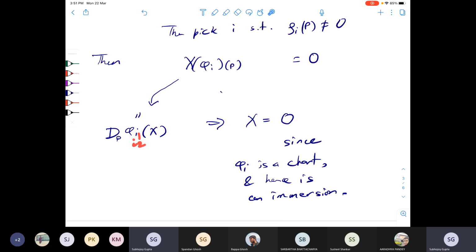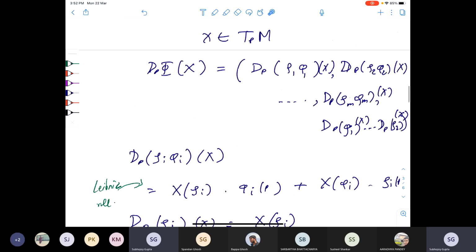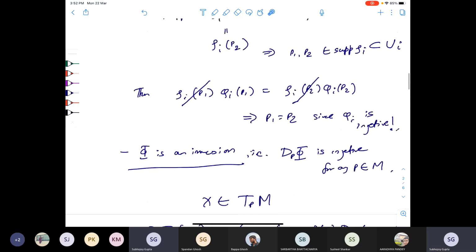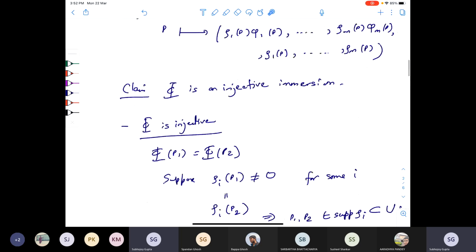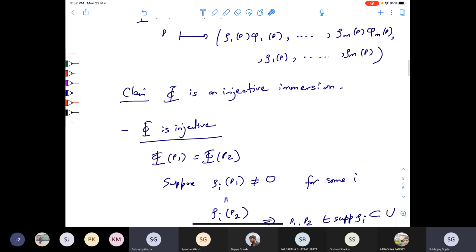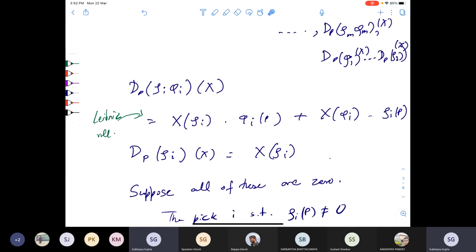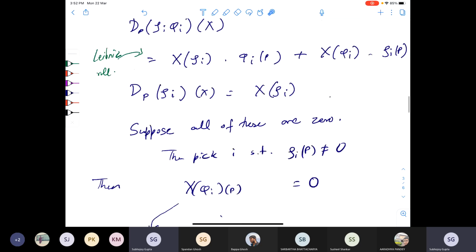And if it is 0 for every component function, then you can check that it contradicts the fact that phi is an immersion. So you're absolutely right. Maybe I didn't write it properly or efficiently, but you can break everything up into component functions and then do the same arguments. Basically, this is giving an overview. Okay, so does that help?